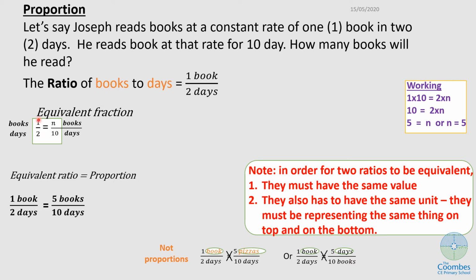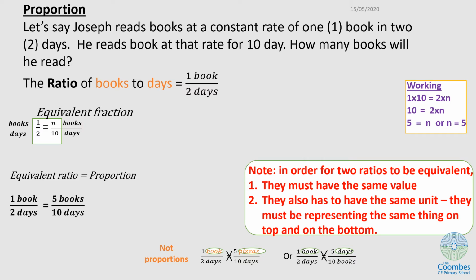If I cross multiply 10 times 1, and then cross multiply 2 times n, now I can work it out. 1 times 10 is 10, but I cannot multiply 2 and an unknown, so 2n is 10. If 2n is 10, 1n will be half of 10, which is 5. So that means 5 books.